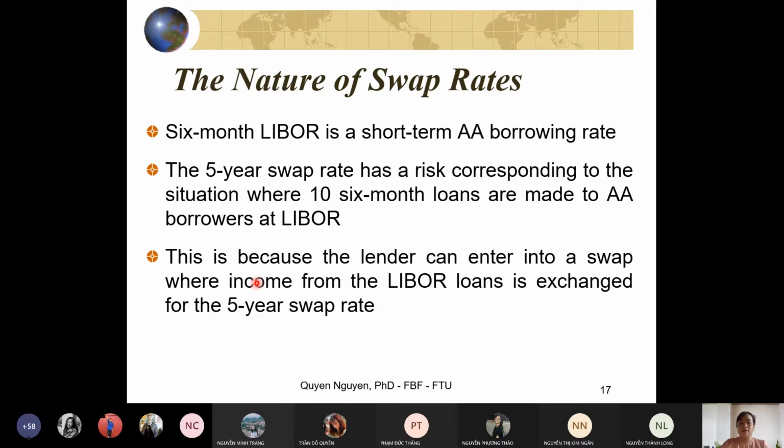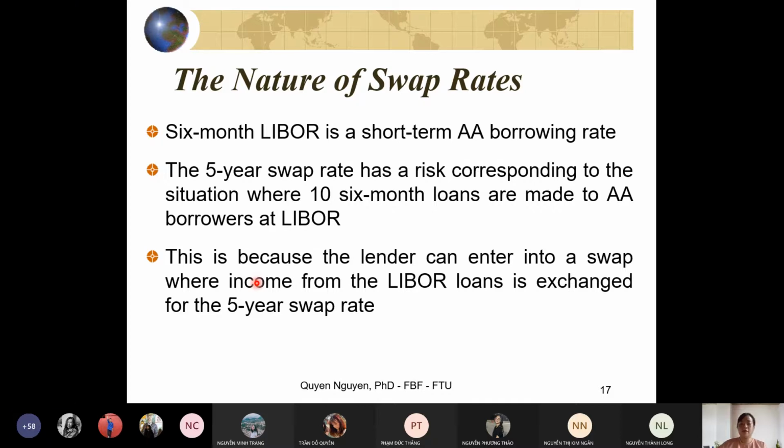And we understand that the 6-month LIBOR is the short-term AA borrowing rate, and the 5-year swap rate would have the risk corresponding to the situation where 10 6-month loans are made available to AA borrowers at LIBOR. Okay, so basically we compare the risk corresponding to the 5-year swap rate together with 10 of the 6-month loans made corresponding to the LIBOR rate.